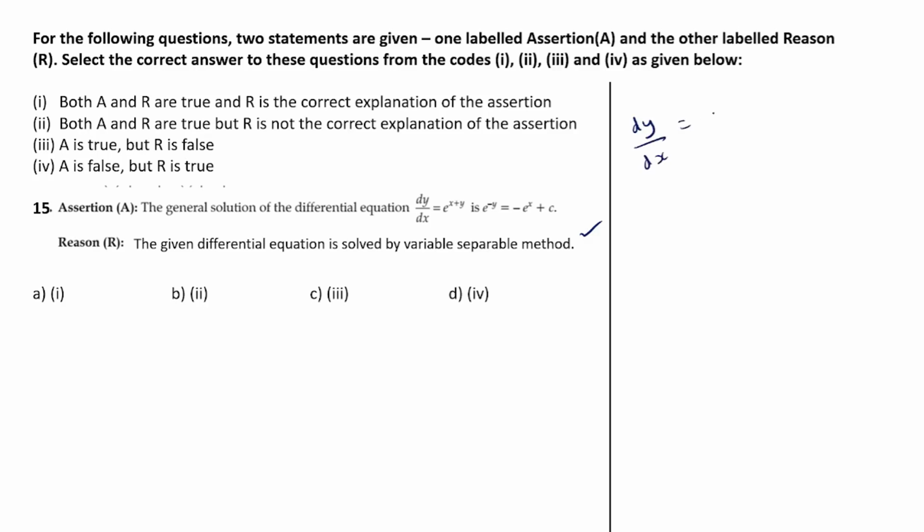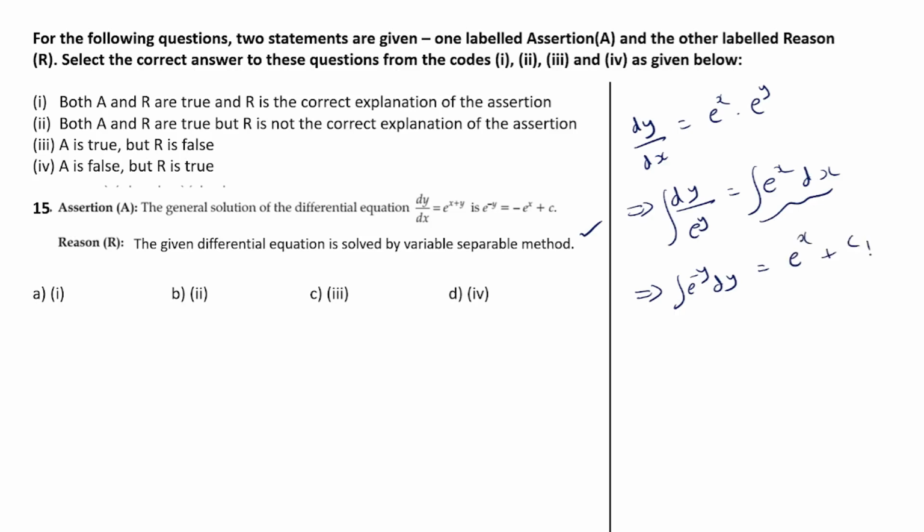dy by dx equal to e raised to x plus y is e raised to x into e raised to y. Or from this we get dy by e raised to y equal to e raised to x into dx. Now let us integrate both sides. If we integrate both sides, this is integral e raised to minus y dy equal to integral e raised to x dx, is e raised to x plus some constant, say c1. So from this we get minus e raised to minus y equal to e raised to x plus c1, or e raised to minus y equal to minus e raised to x minus c1.